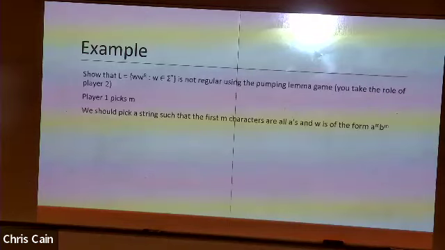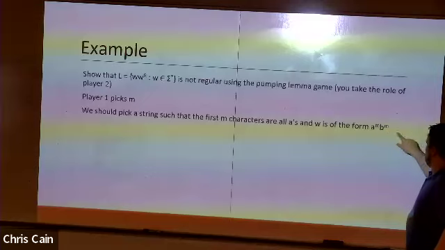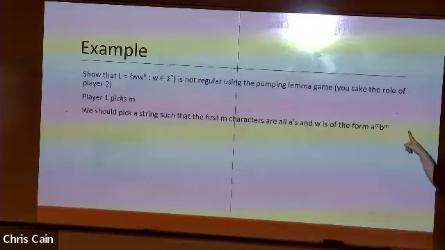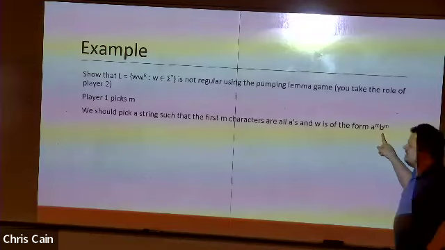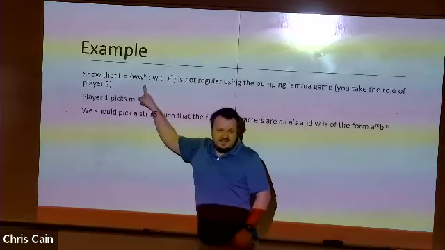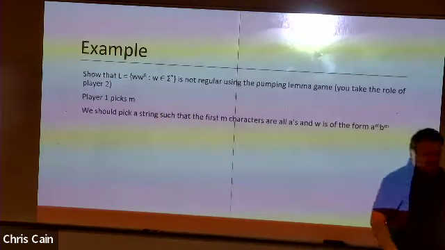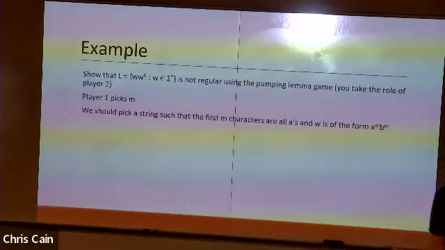We have made a string such that they can only pick A's, which means that when we pump this, we're going to be producing more and more A's, such that there are more A's than B's. If there are more A's than B's, then when we reverse the string and use the old number of B's followed by the old number of A's in reverse, it does not adhere to this form. Does that make sense? I'll probably give you an example.